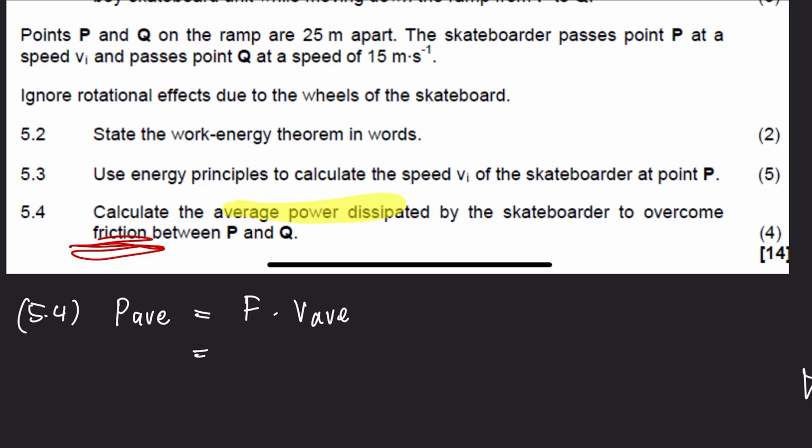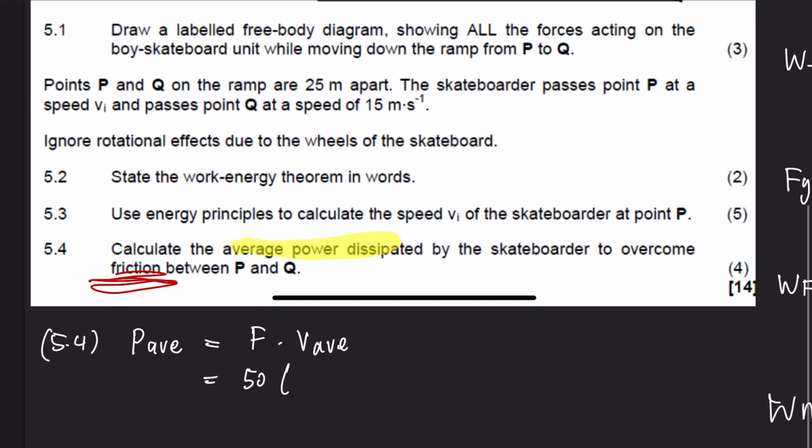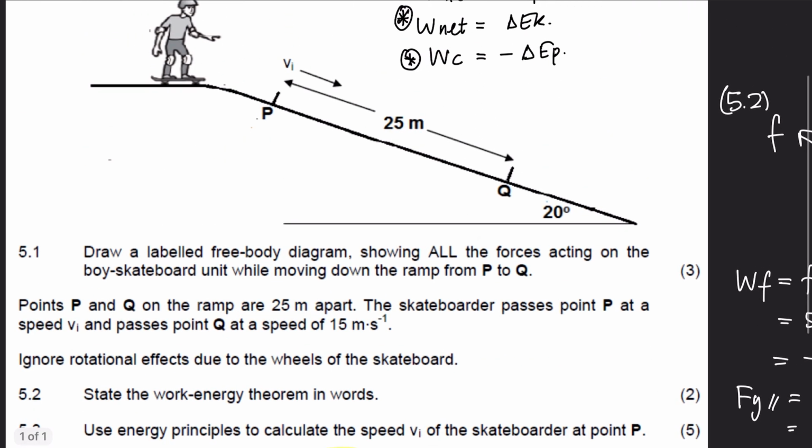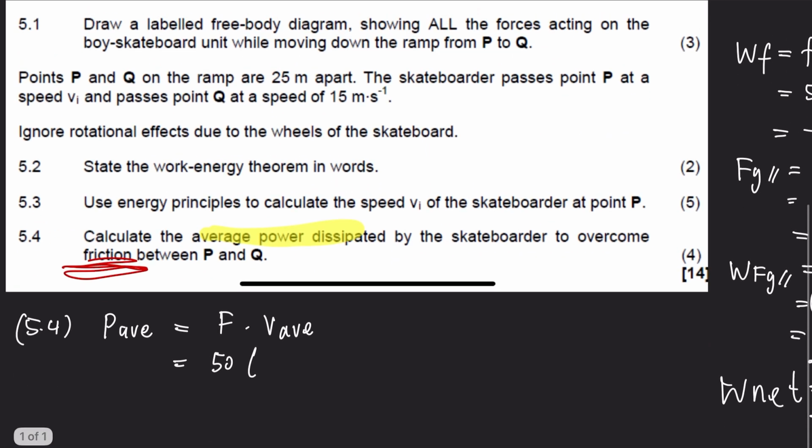The frictional force was 50, multiplied by V average, the average velocity between P and Q. We're just going to add them and divide by 2. So 15 plus 9,95 divided by 2.